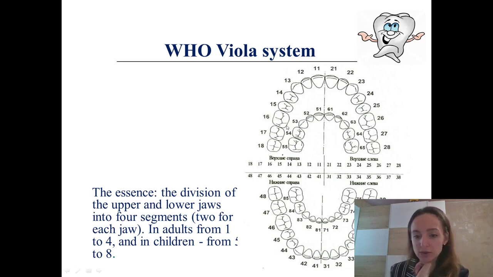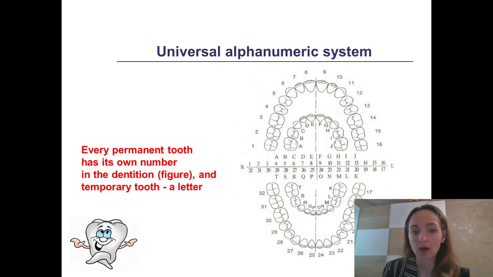And what about temporary? 5, 6, 7, and 8 segments. And also 51, 52, 53, it's the number of the tooth. Then the universal system. Here we write only 1, 2, 3, 4, 5, 6.